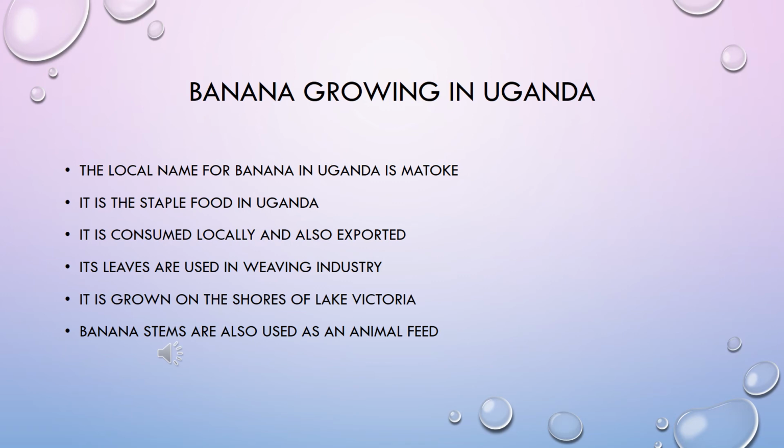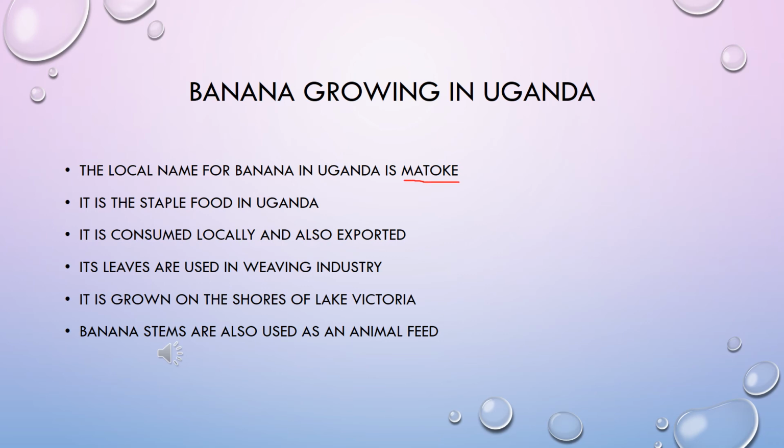When you compare banana growing in Uganda with banana growing in Kenya, these are two different countries that practice banana growing in different ways. In Uganda, this is a crop which is treated as a major food, but in Kenya it is only treated as a fruit.